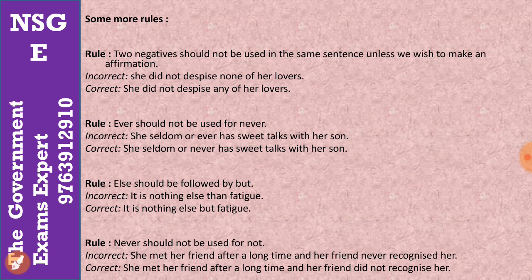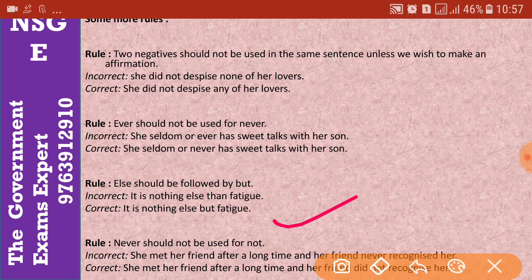So let's have a look at the last rule for this one. Never should not be used for not. We shouldn't use the word never for the word not. Clear? We can check it through a statement: she met her friends after a long time and her friends never recognized her.